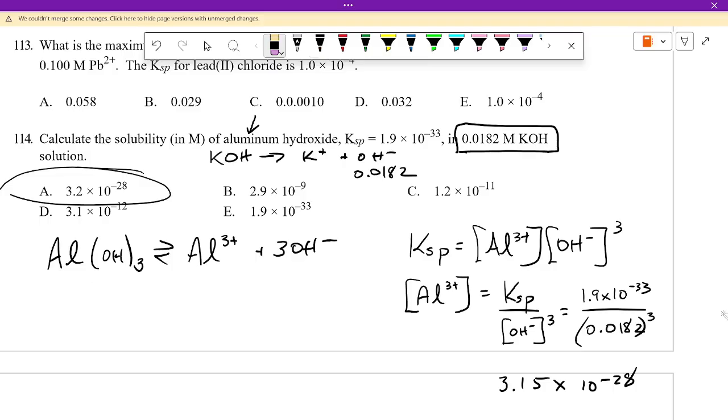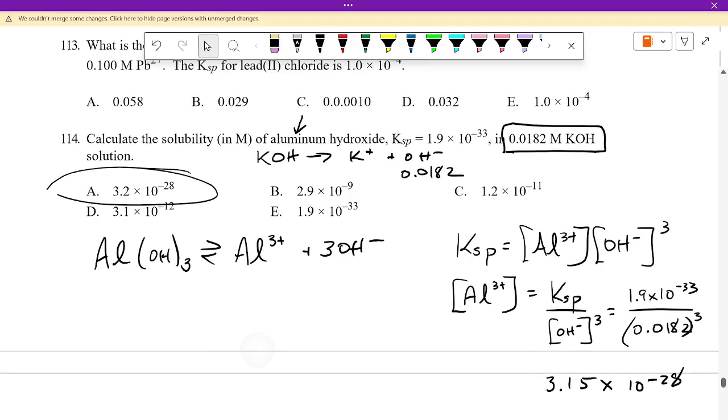And even if you were to go ahead and say, I should really, for this one, be doing an ICE table because I have some initial concentrations, right? I've got an initial concentration here of 0.0182. My initial concentration here is 0, and this is a solid.